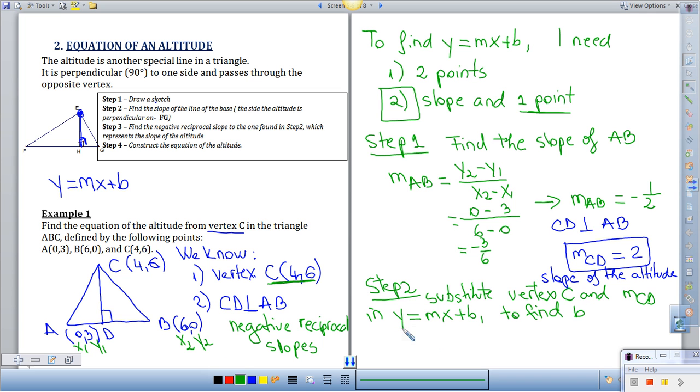So y will be 6 equals the slope, 2, times x, 4, plus b. Let's identify them quickly just to make sure you remember. So 6 is the y, 2 is the slope, 4 is the x in that vertex point. So 4 is the x, 6 is the y. Please make sure that you keep track of your coordinates. Now we can isolate b, and 6 minus 8 is negative 2.